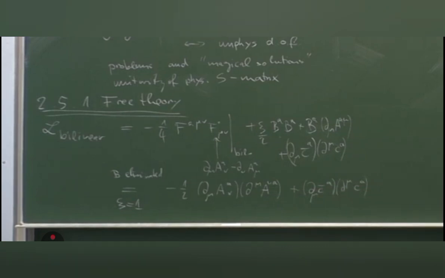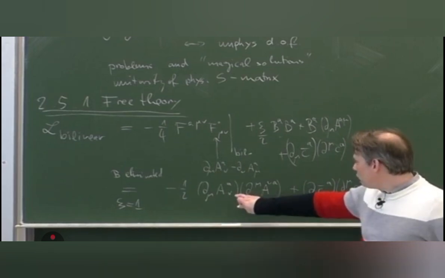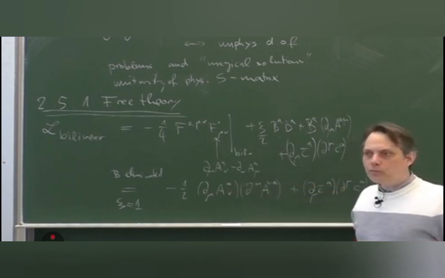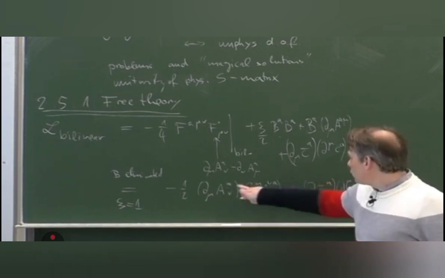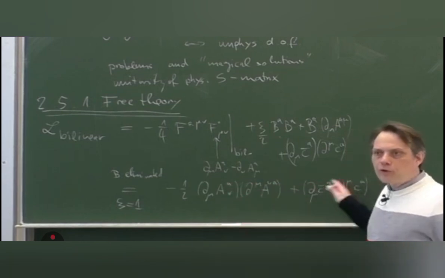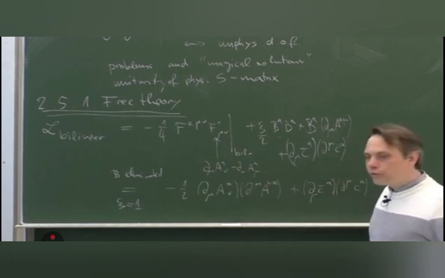Now, what I wrote here and the calculation that I skipped is totally identical to the case of QED. It's exactly the same calculation that we did already in the last semester, where we did the quantization of a free photon field. And indeed, you see the resulting Lagrangian does not contain any non-abelian structure anymore. You have all the non-abelian gauge fields with a color index a, but you just have a sum over a, and there is no interference between the different gauge fields.